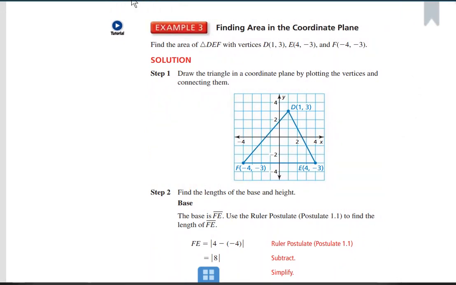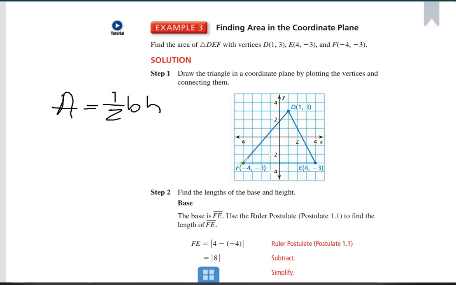All right, now we can do it. So finding area in the coordinate plane. Now, when we're finding area of a triangle, we don't need to find all of the sides. What we need, because remember the area formula is 1/2 base times height, we just need a base and a height.